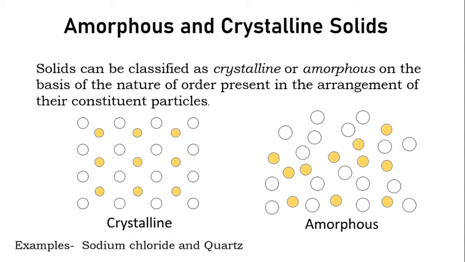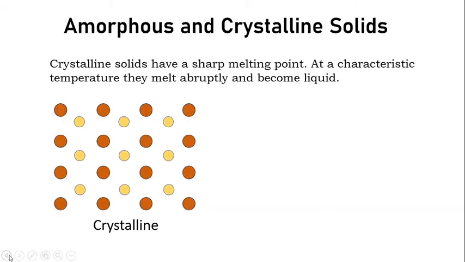For example, sodium chloride and quartz. On the other hand, amorphous solids have short range order. In such an arrangement, a regular and periodically repeating pattern is observed over very short distances only.